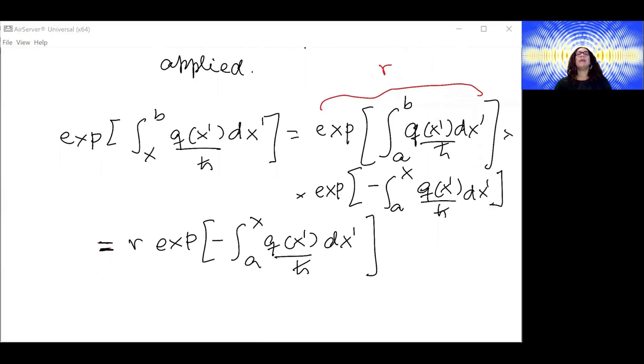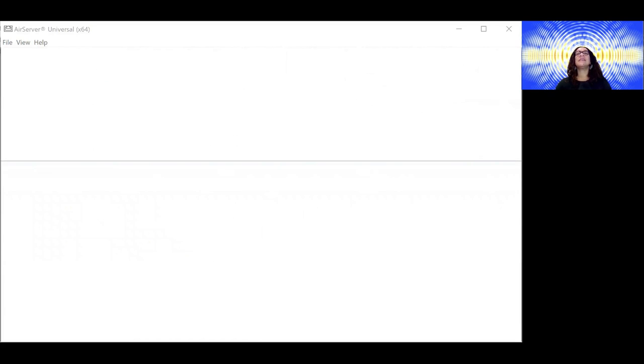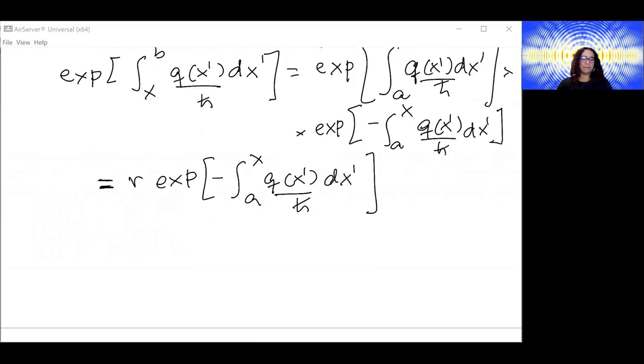Okay, so if you have all these, we can multiply and divide by R, and we can write psi2 a bit differently.